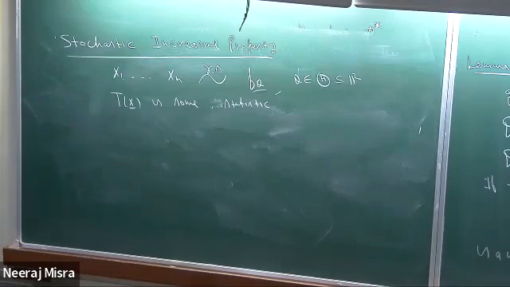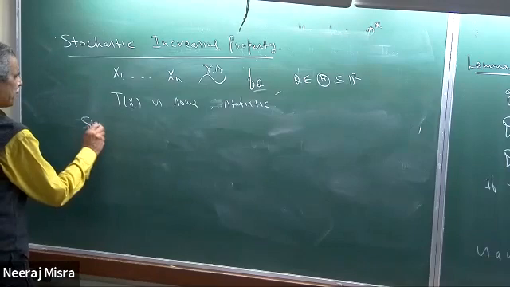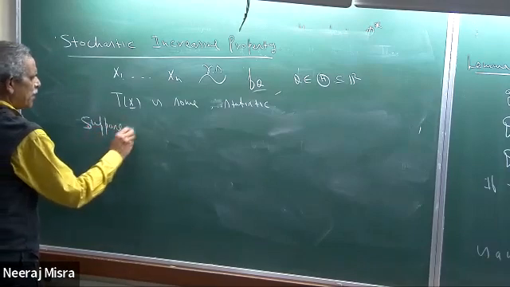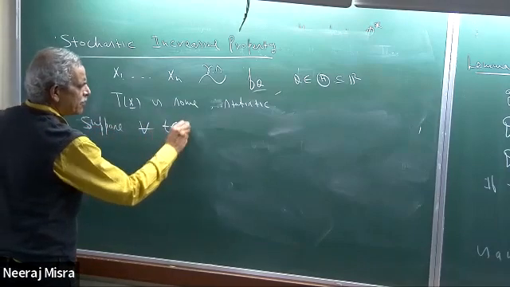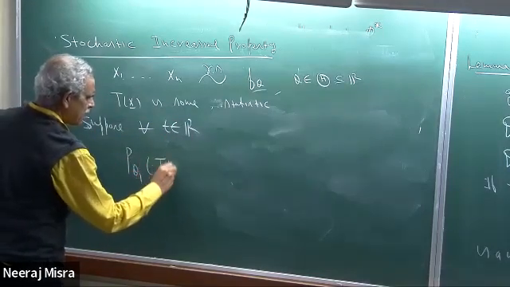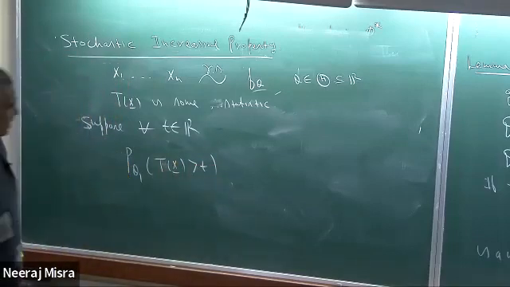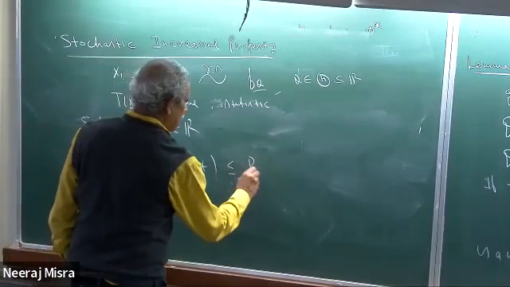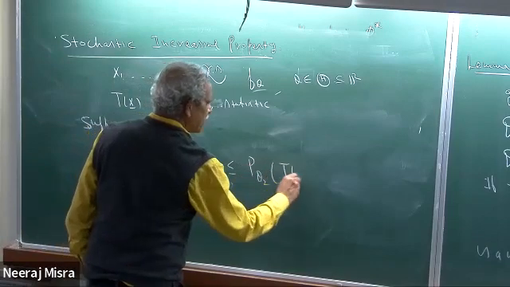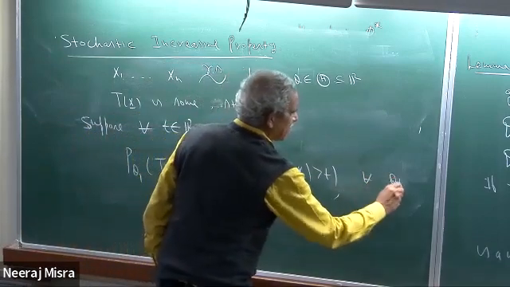So one way would be: for every small t belonging to the range of T, the probability under theta 1 that T(X) is greater than t is less than or equal to the probability under theta 2 that T(X) is greater than t, for every theta 1 less than theta 2.